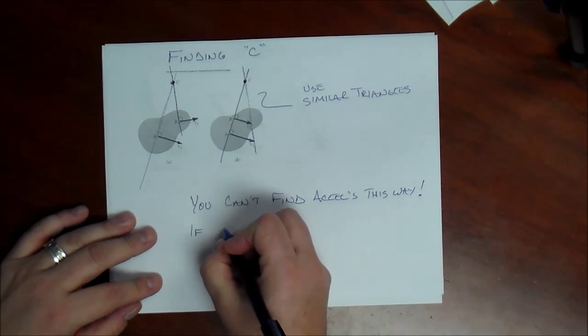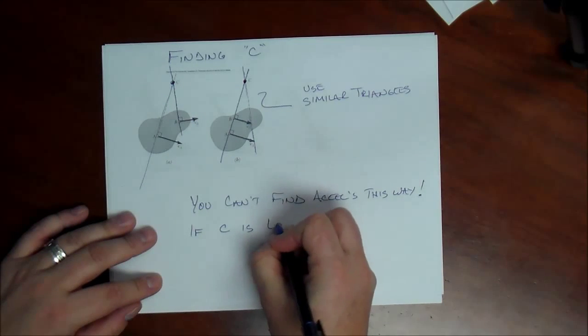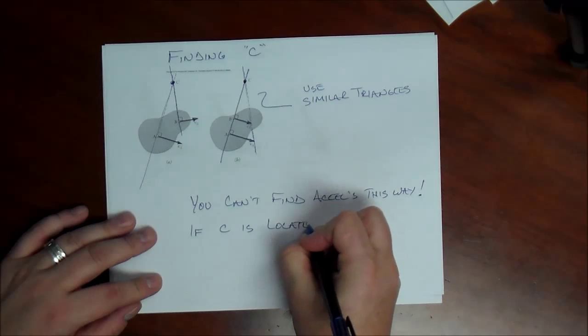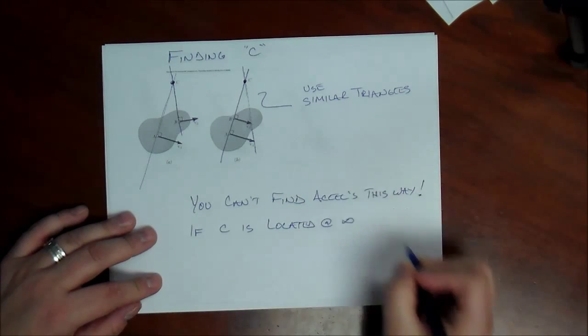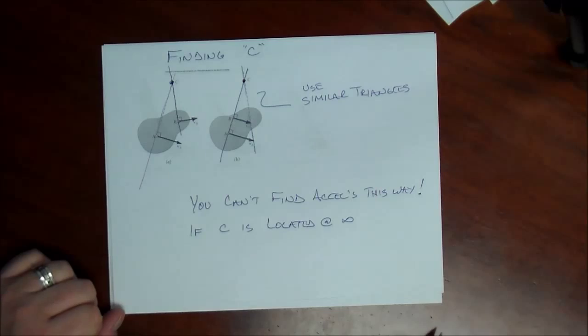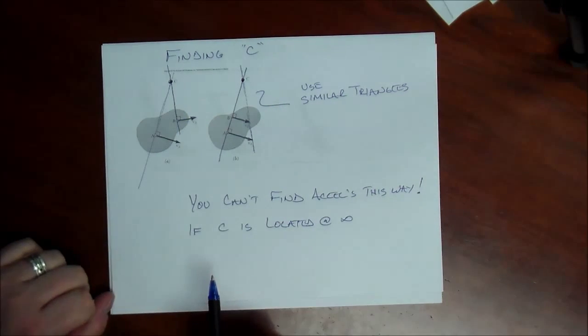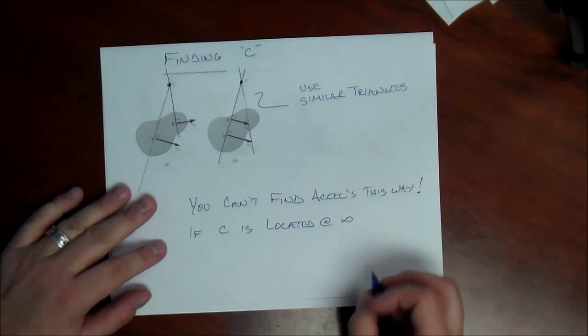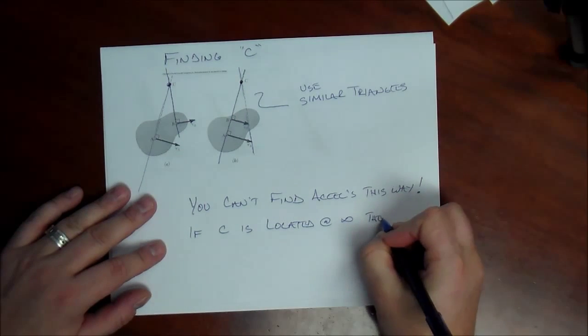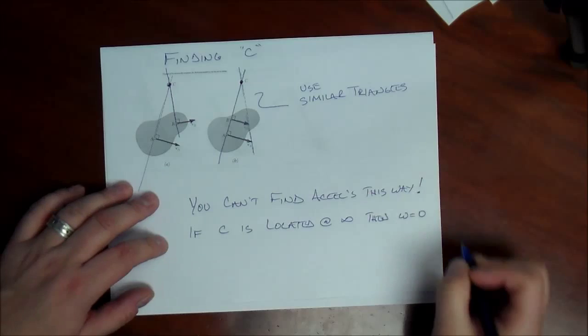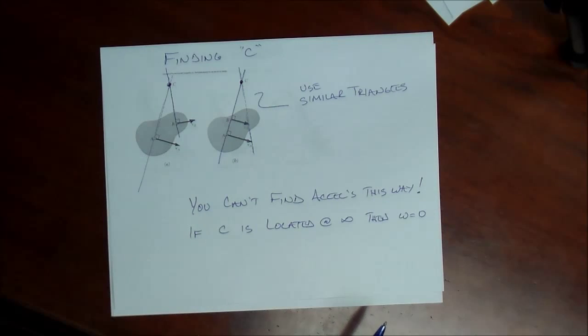If you find C is located infinitely far from the body, in other words, these two perpendicular lines never intersect, okay? That means omega equals 0. You have a situation of pure translation. Okay.